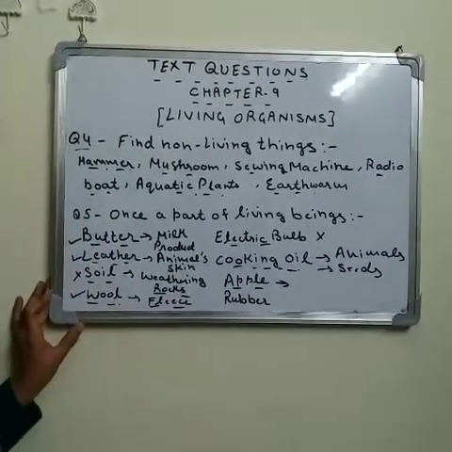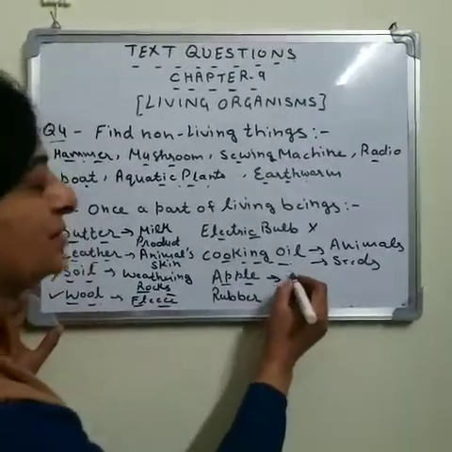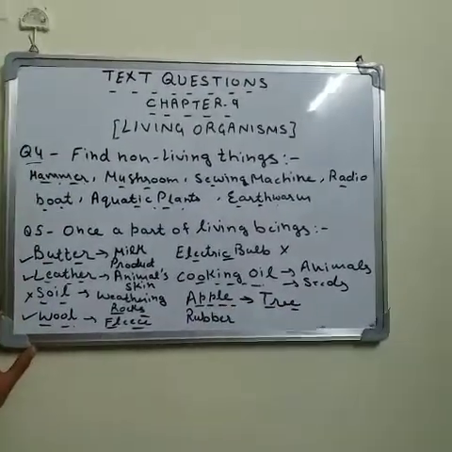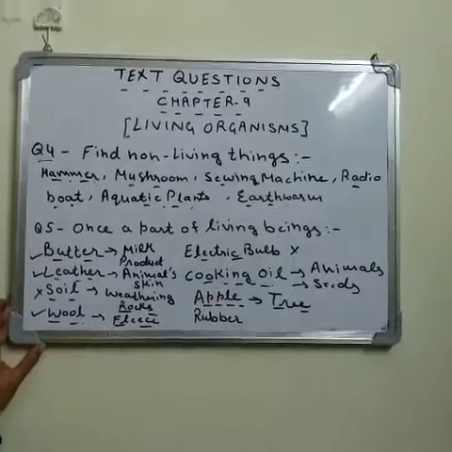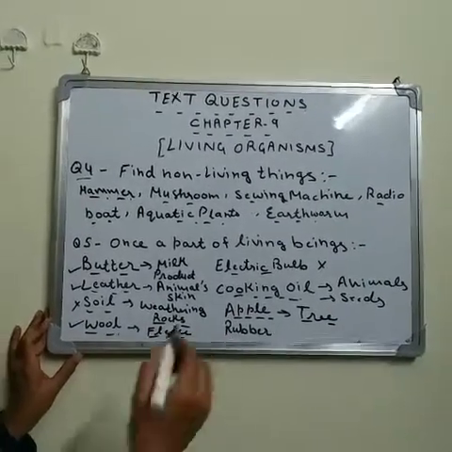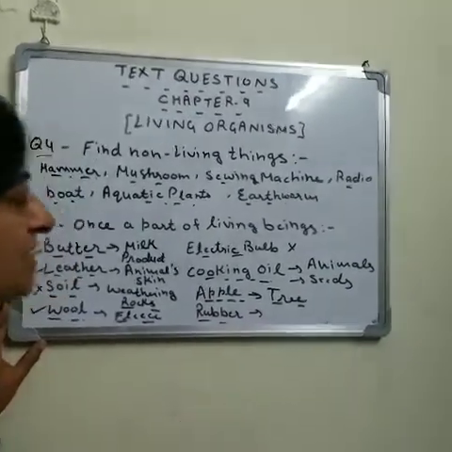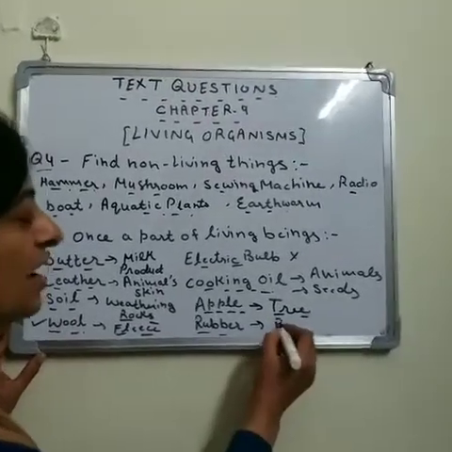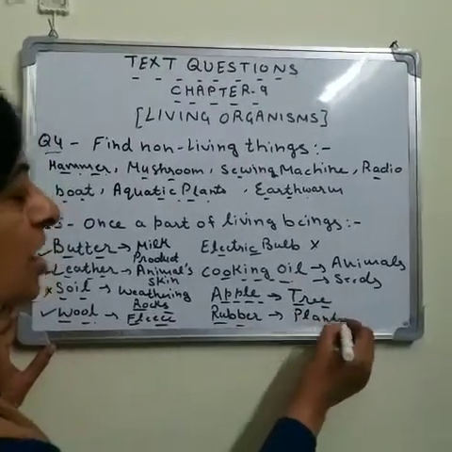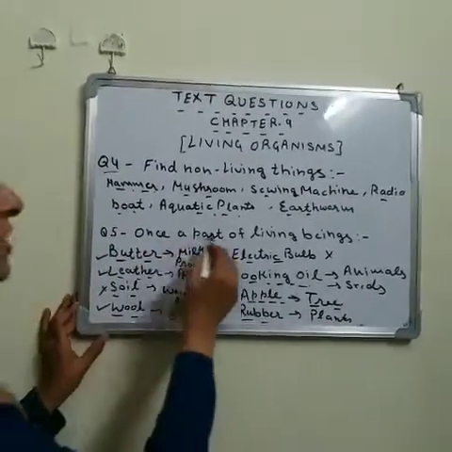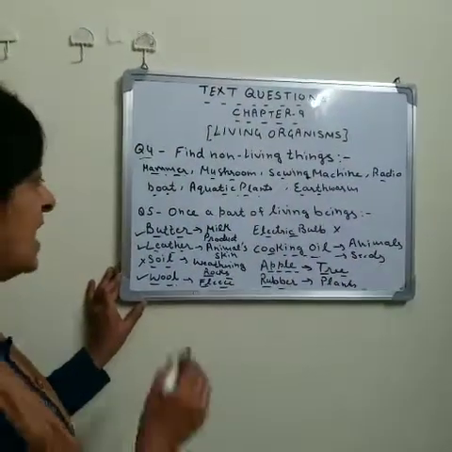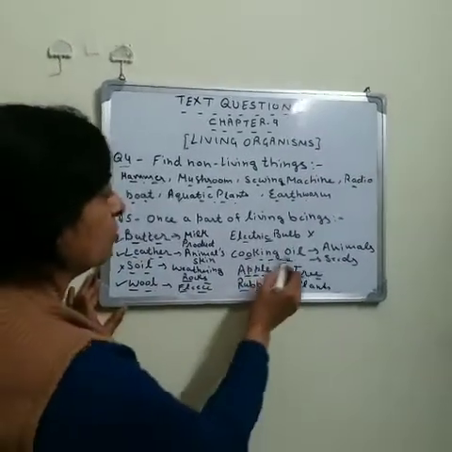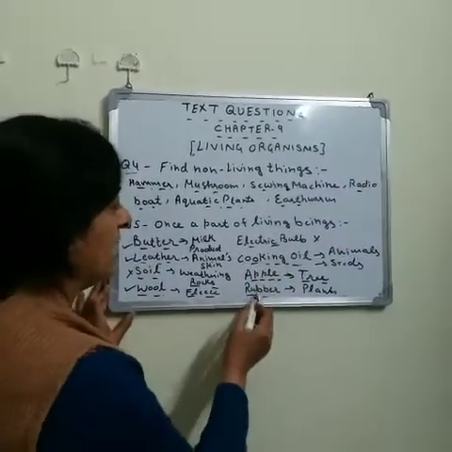It is a fruit of a tree, a part of a plant, so we obtain apple from living beings. And the last one is rubber. Rubber is also obtained from plants. It is a plant product. So the objects which were once a part of living beings are butter, leather, wool, cooking oil, apple and rubber.